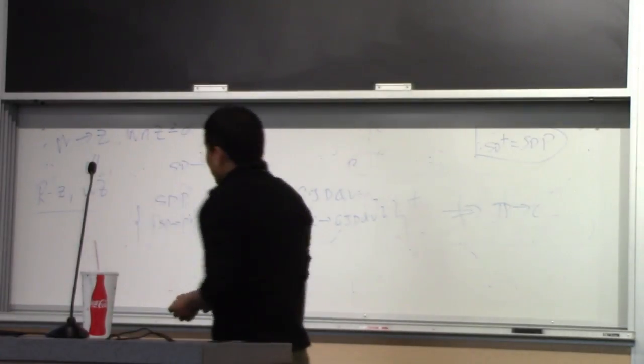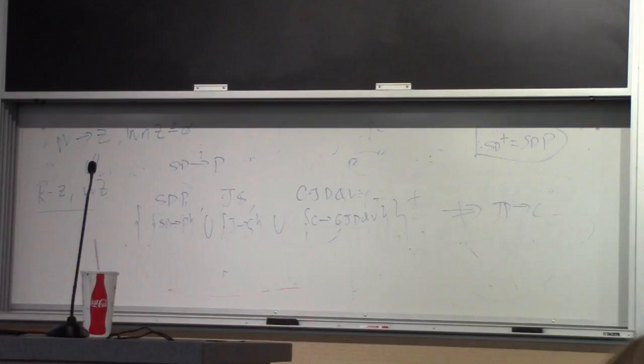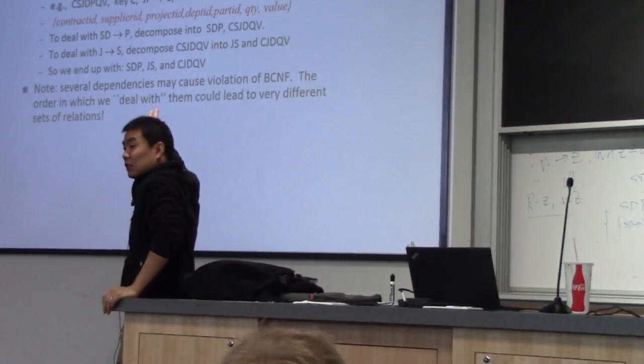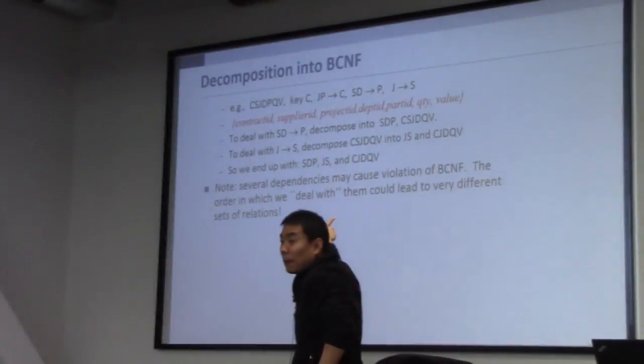You may argue... the other thing I'd like to mention is that there could be more than one dependency in the original schema that has violated the BCNF requirement. The order you deal with them will lead to quite different decompositions. In this case, we deal with SD determines P first. That's why we got SDP and CSJDQV in the first step.